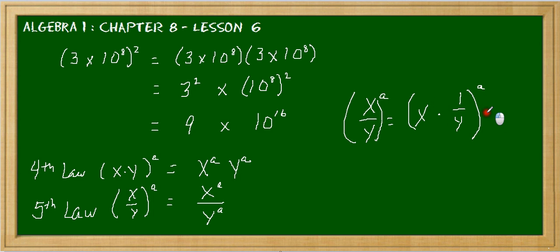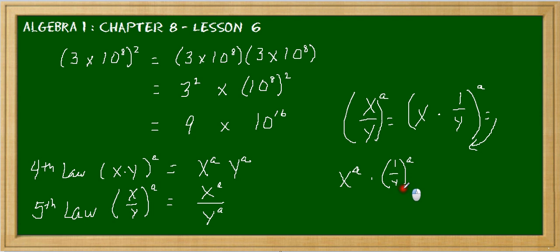If we applied it to both, we would end up with, as we did up here with the fourth law, x times y raised to the a power, we would distribute, and I use that term very loosely, the exponent, and we would have x to the a times 1 over y, to the a power.